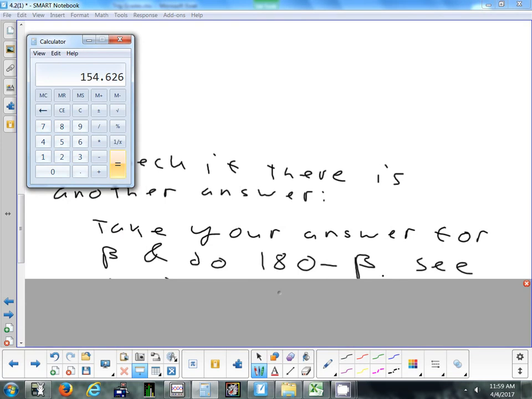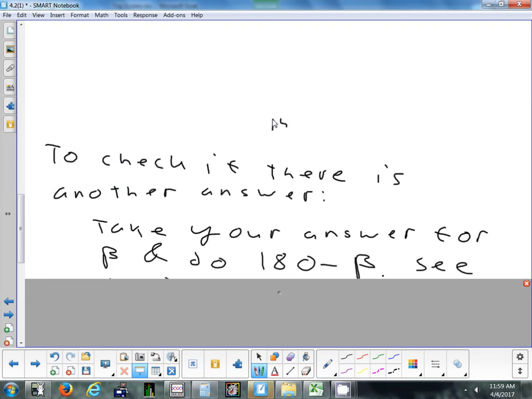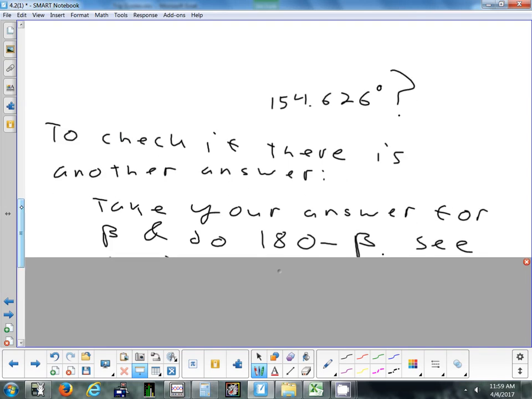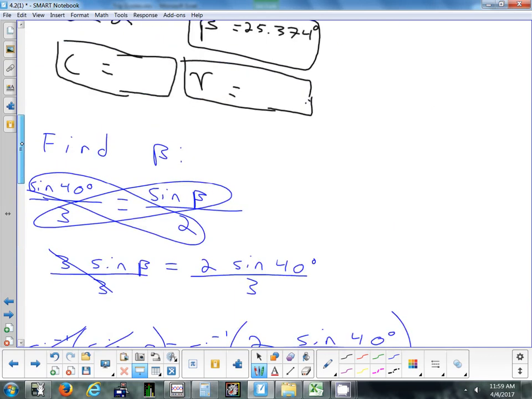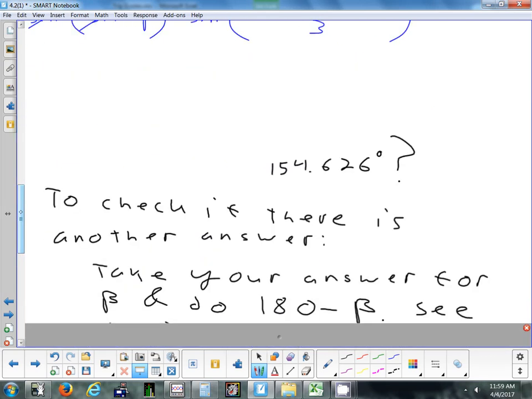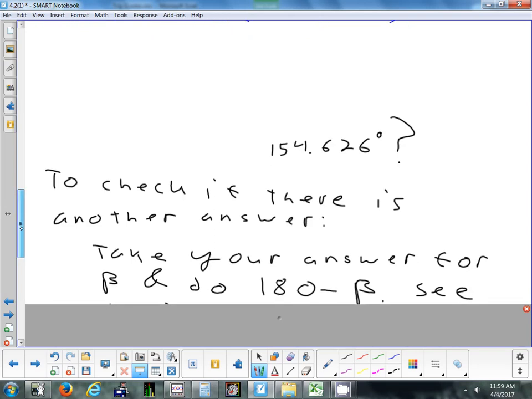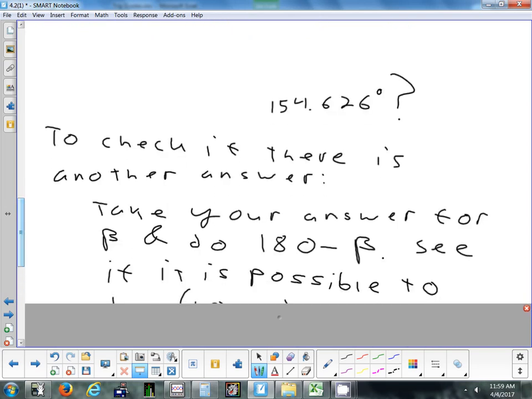I'm saying if there's a second answer, it's 154.626. So I'm just going to write that there for a second. And if it works, I'm going to go put it up in the box. If it doesn't work, I'm going to cross it out, forget about it, and continue solving this problem just like normal. That wouldn't work though.